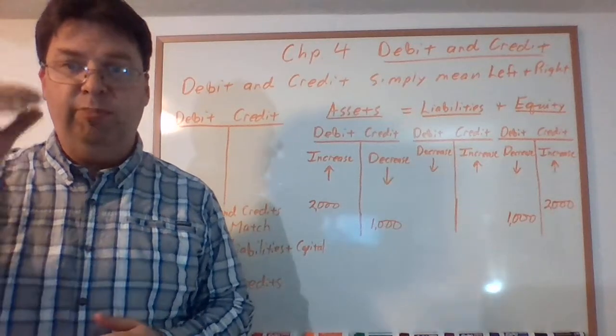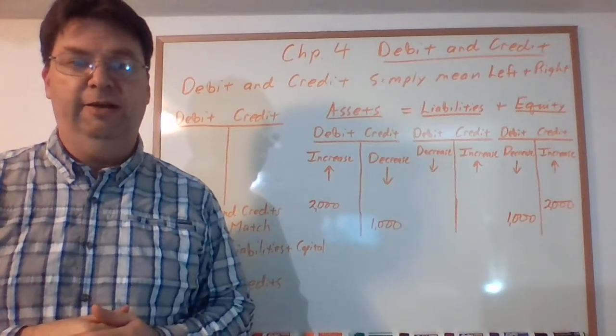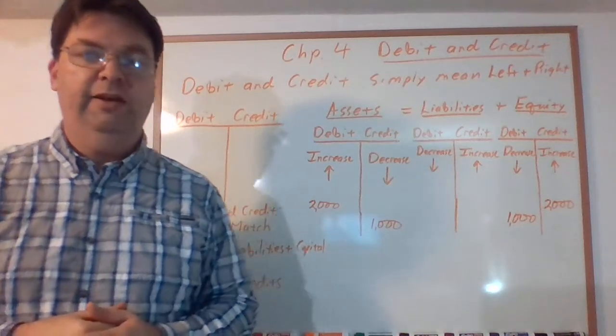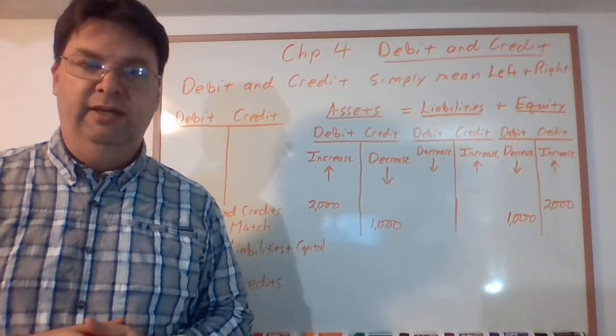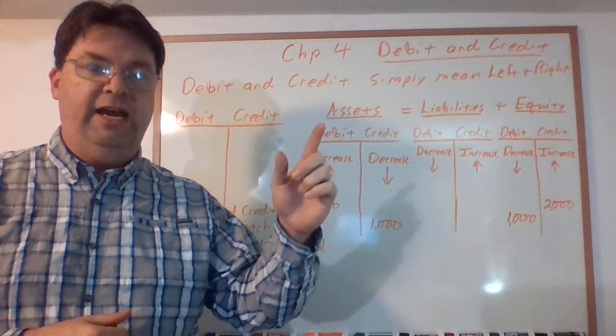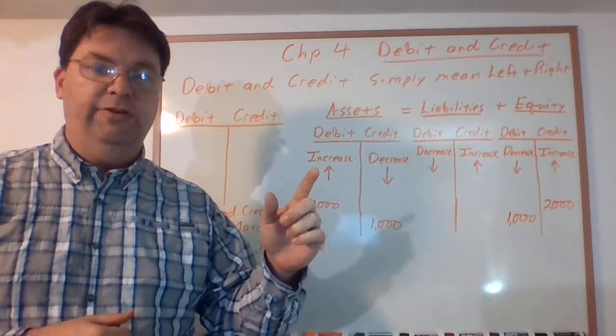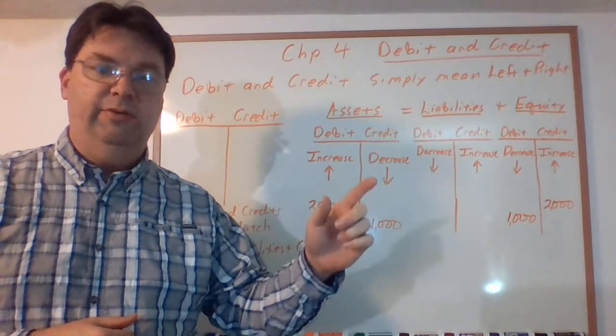Now, to make it simple, we're going to start with just one for each, all right? And there are certain rules that you will simply have to memorize. So here we go, okay? Under assets, they increase with debits and decrease with credits.